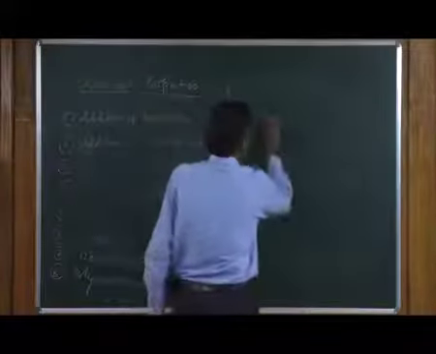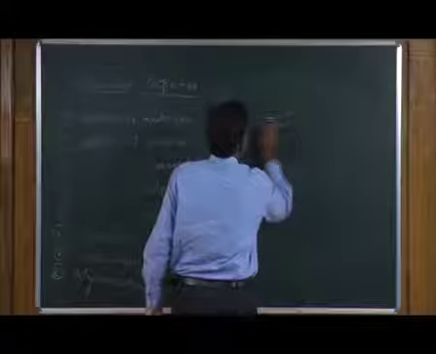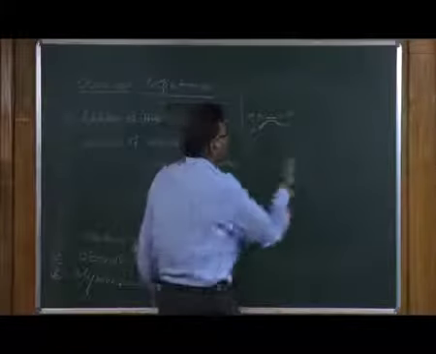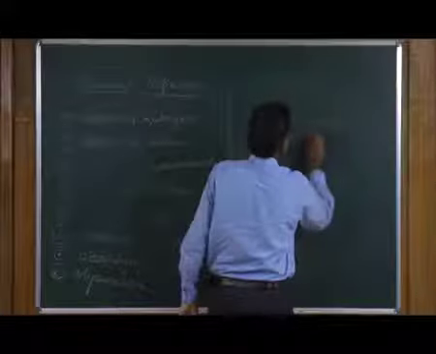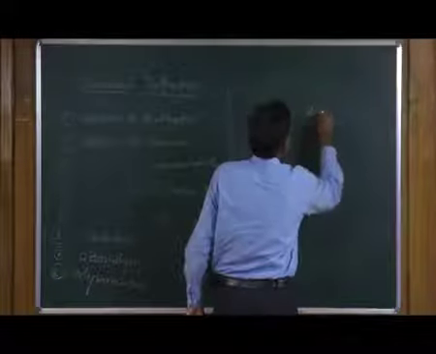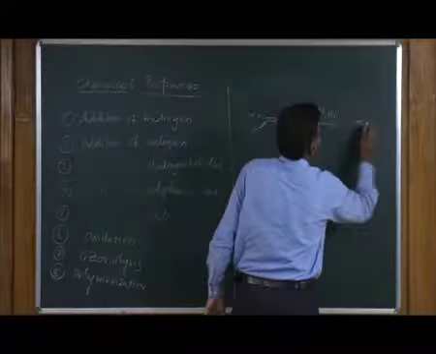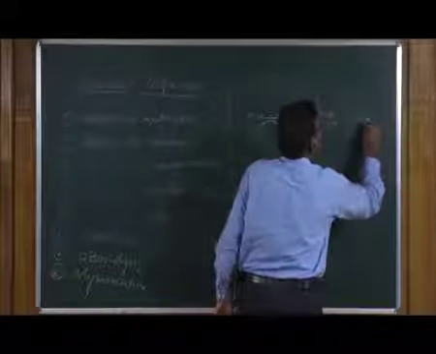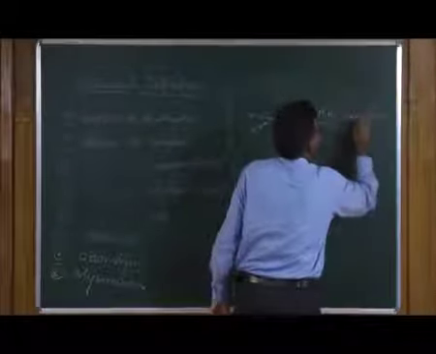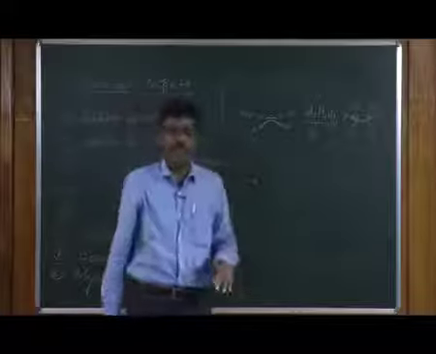For example, when you treat ethylene with one molecule of hydrogen in the presence of catalysts like palladium, platinum and nickel, the hydrogen undergoes addition to the alkene and you get the alkane. As I mentioned earlier, the reaction is stereospecific.